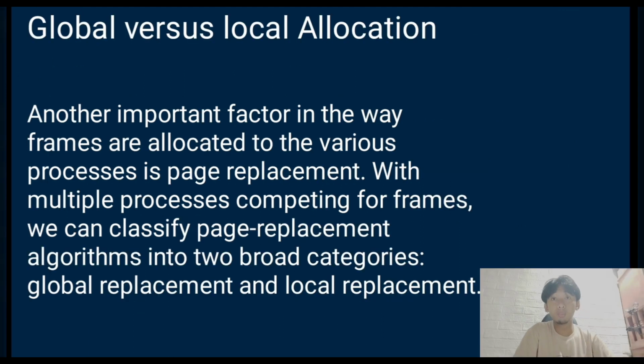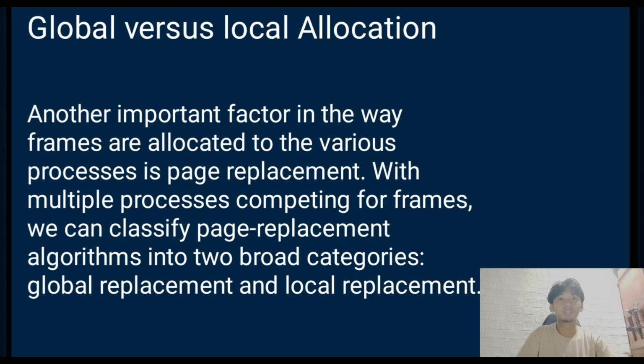Next is global versus local allocation. Another important factor in the way frames are allocated to the various processes is page replacement. With multiple processes competing for frames, we can classify page replacement algorithms into two broad categories: global replacement and local replacement.